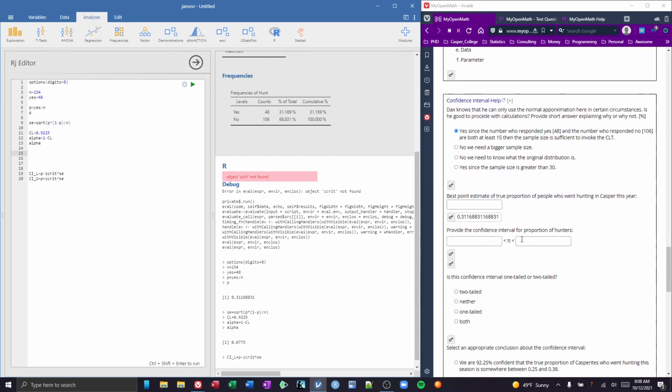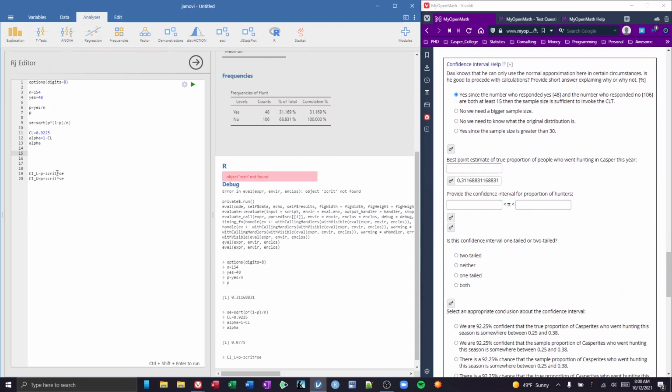Okay, great. Now, when I am doing a two-tailed confidence interval like this, I really need to know what alpha divided by 2 is. Alpha divided by 2 is going to be very helpful for me, so I'm going to type out alpha divided by 2.